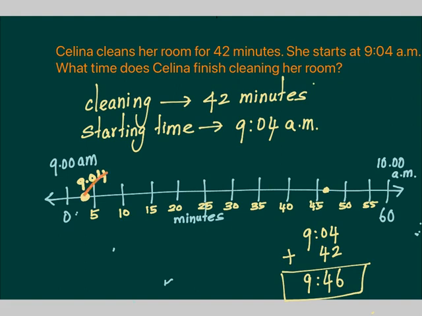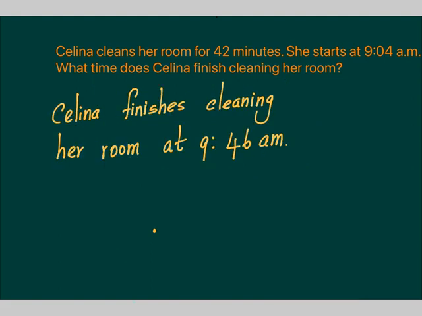She finishes cleaning her room at 9:46 a.m. That means she took 42 minutes to clean her room. Selena finishes cleaning her room at 9:46 a.m. is a statement for this question.